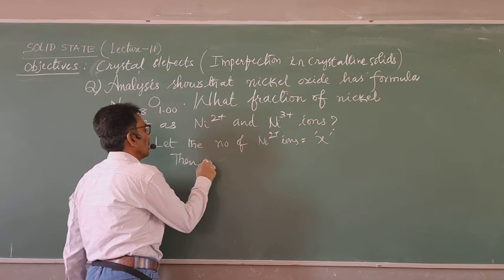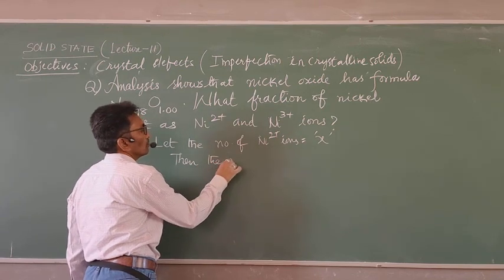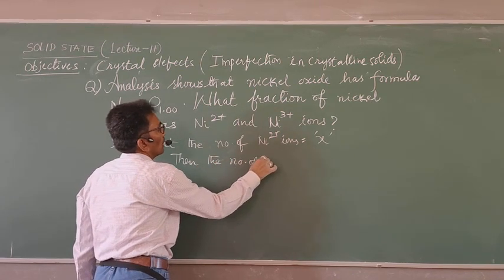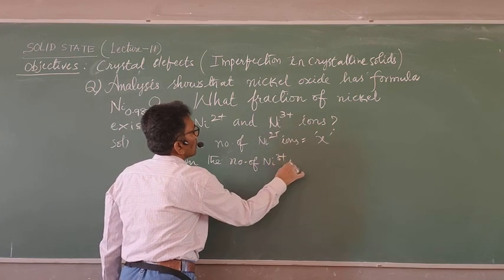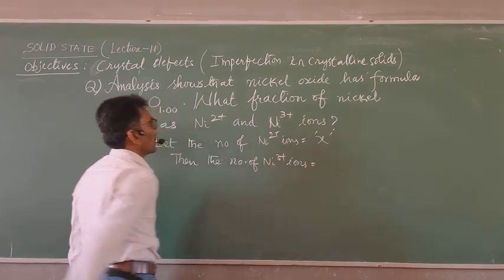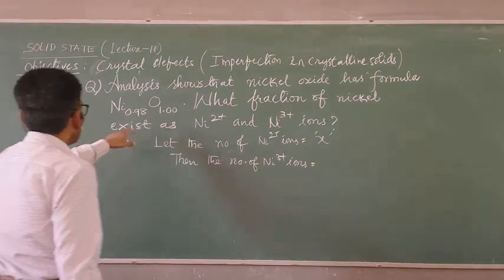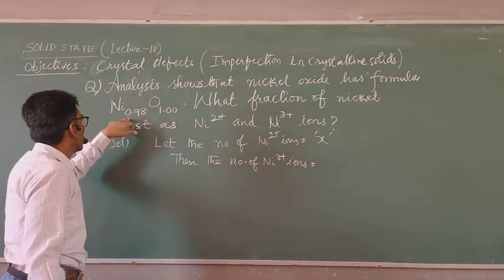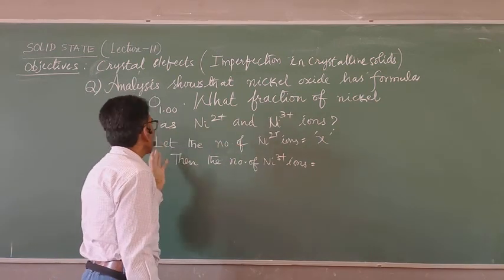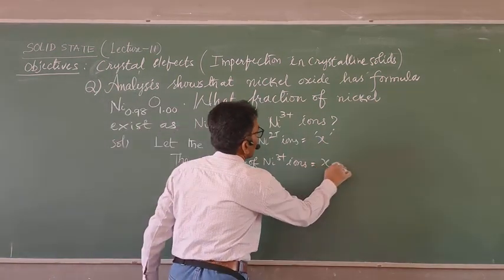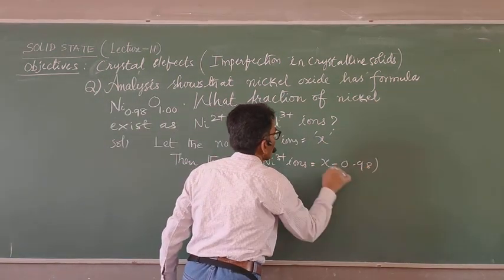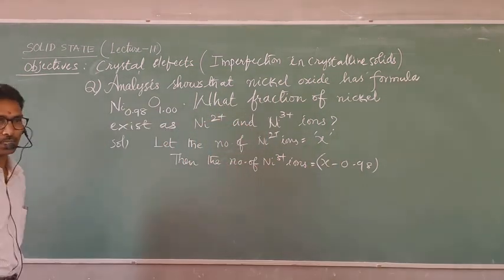Therefore, the number of Ni3+ ions, applying some mathematics here, both are available with 0.98. One is X, the other one is 0.98 minus X.